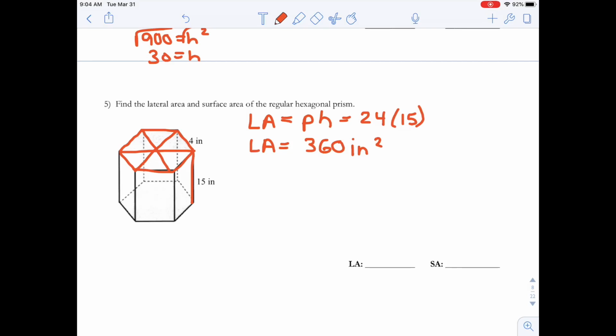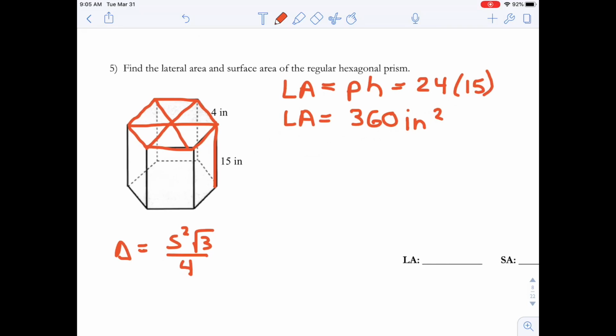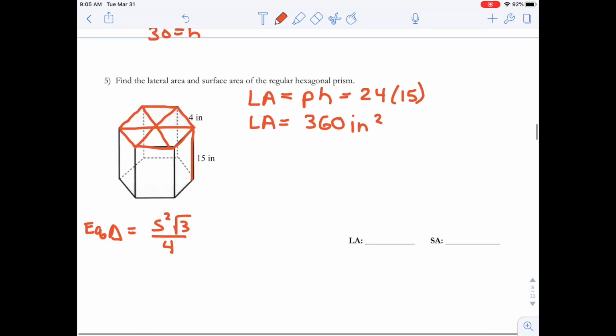So if you remember the equilateral triangle formula, S squared times the square root of 3 over 4. Nice formula, comes in handy there for us. And this again is for equilateral. So that would be 4 squared root 3 over 4.